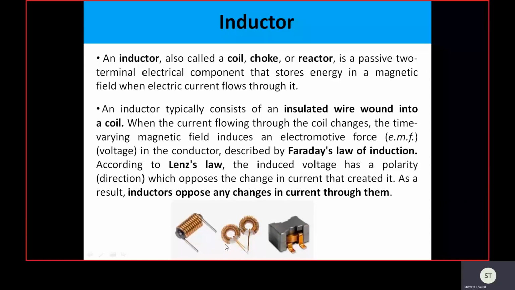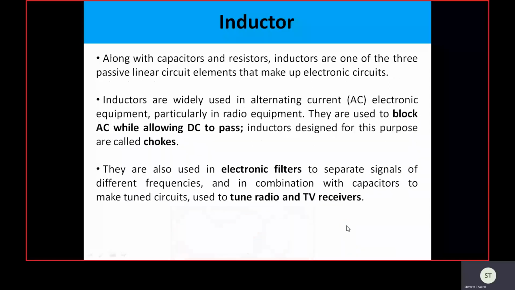Here we can see the different types of inductors and the unit of inductance, that is henries. Similar to the capacitor, inductors are also used in electronic filter circuits to smooth the DC. The property of an inductor that is different from a capacitor: a capacitor passes AC and blocks DC, but an inductor passes DC and blocks AC.